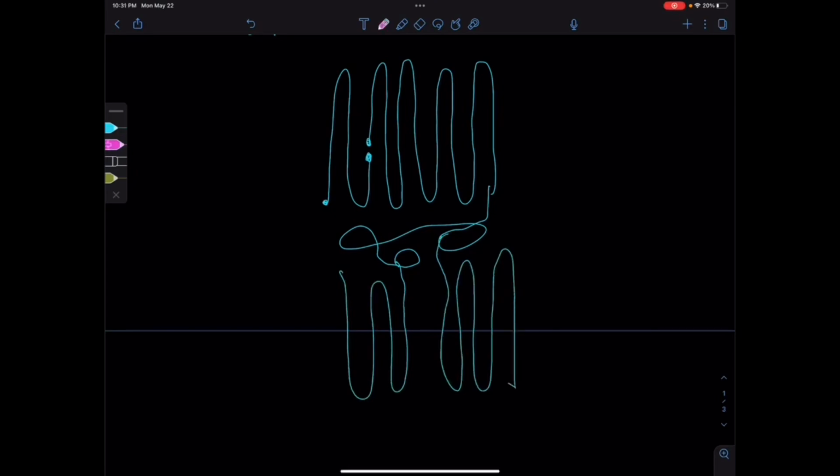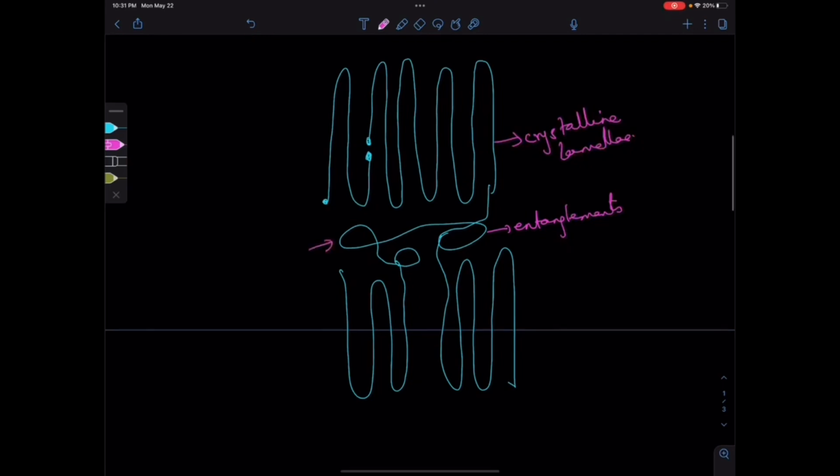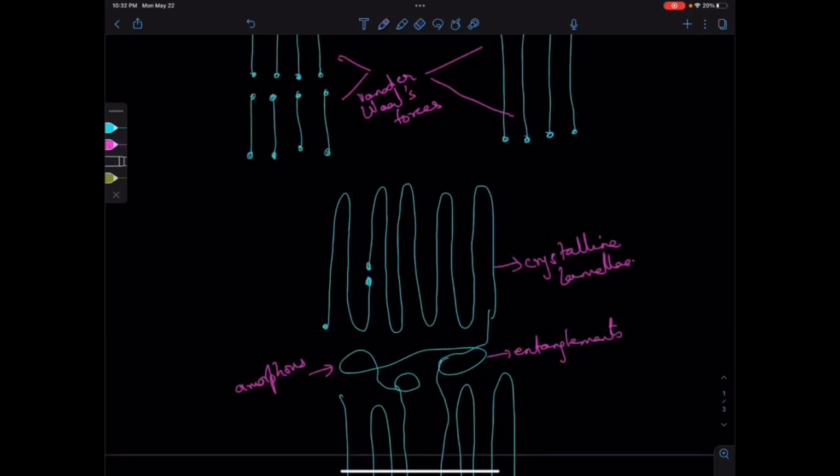These are the chain entanglements, and so these are the amorphous portions. Crystalline polymers have crystalline structure with amorphous regions as well.